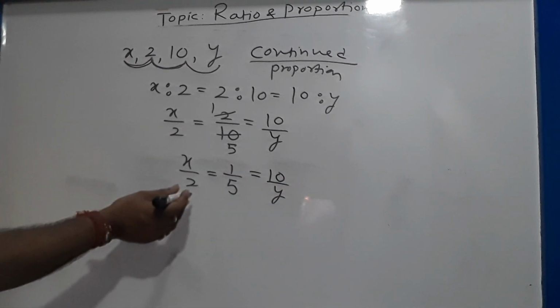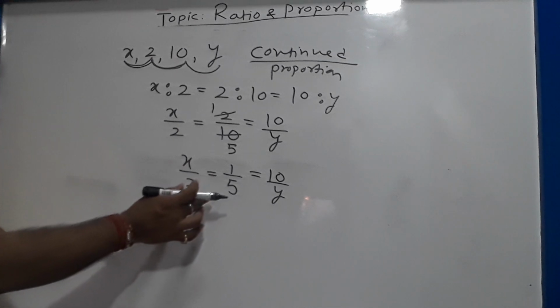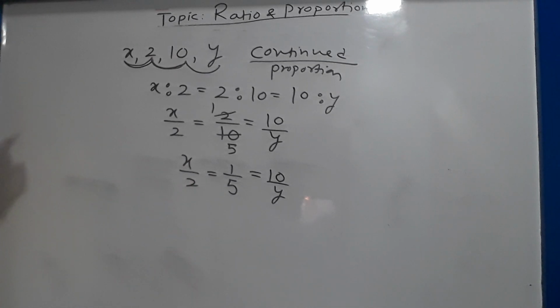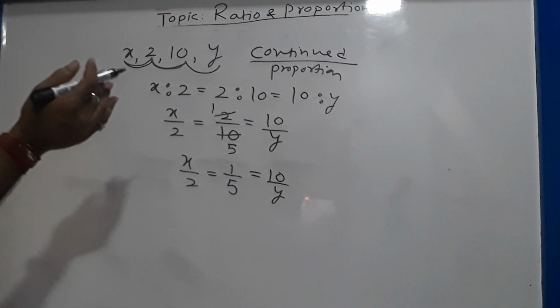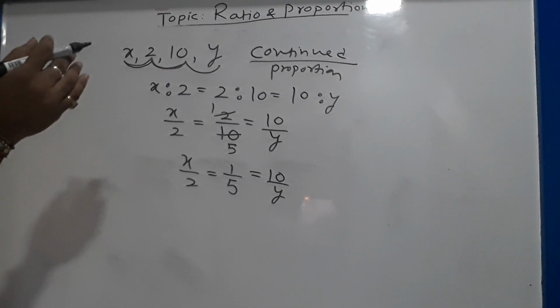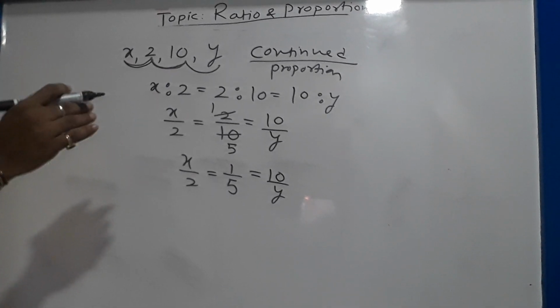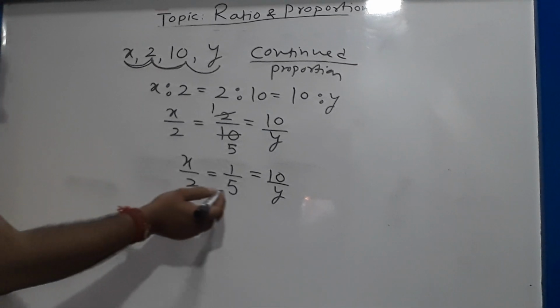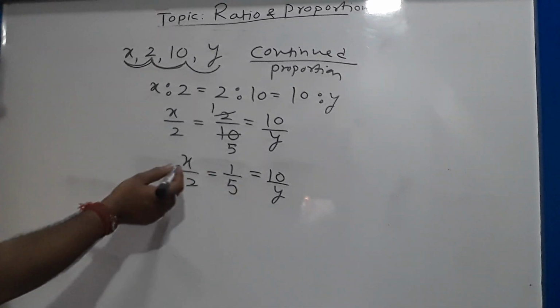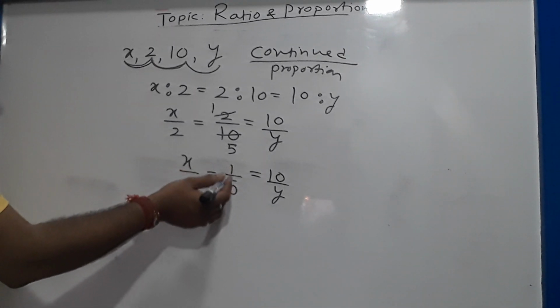So let us take two ratios where one of the ratios has both numerator and denominator as numbers without an unknown value. x and y are unknown. So in 1 upon 5 there is no unknown.